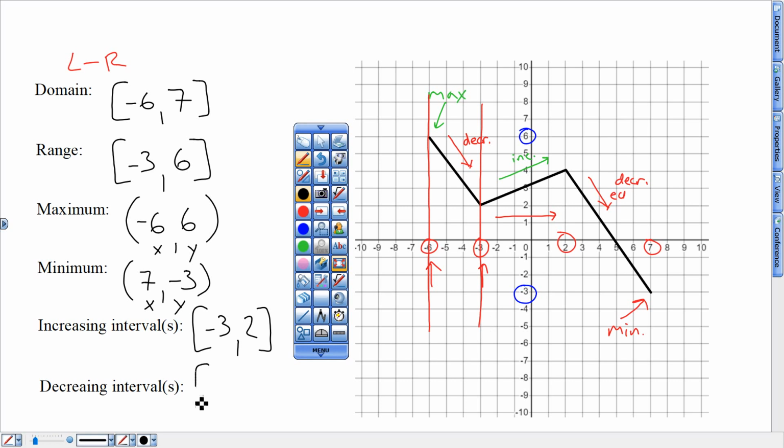So that would be from -6 to -3, close it. And then I have another downhill section from this 2 positive to 7, another downhill stretch. You got to list them both if there's more than one.